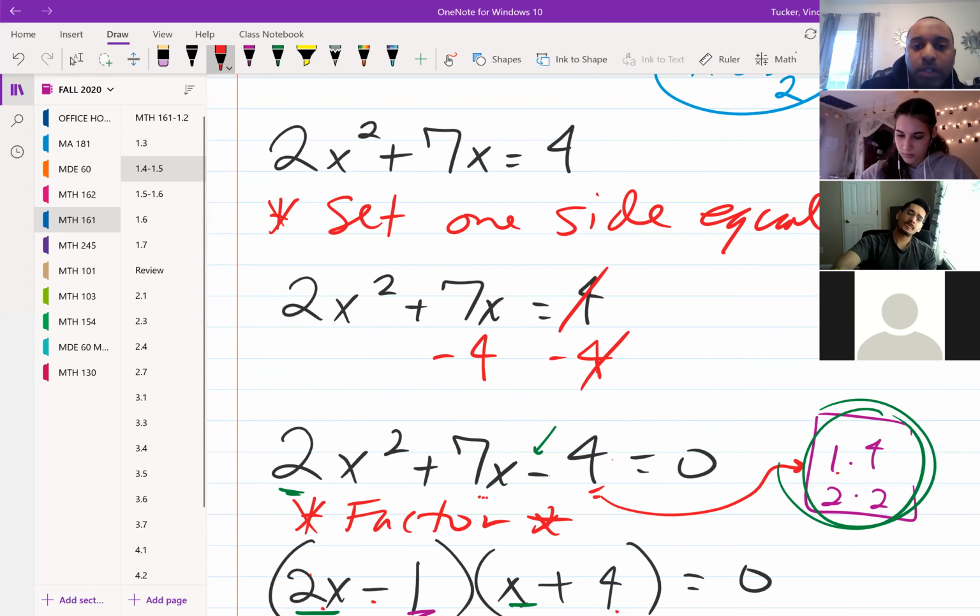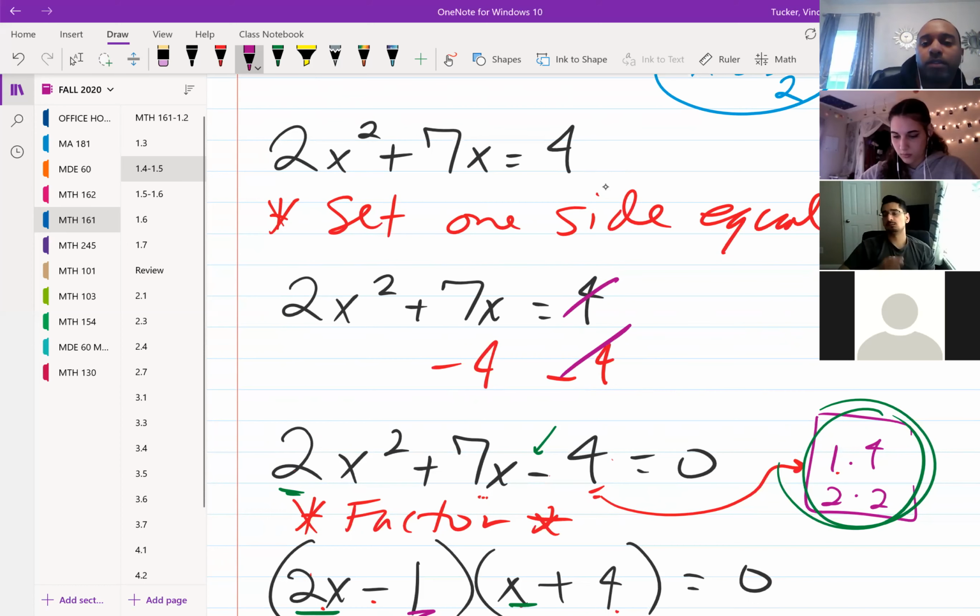Somebody else is asking about the minus 4 in the chat. This is what we have, and if I want to set this side equal to 0, I need to subtract 4 from both sides so that the 4 cancels out and leaves me with 0 on the right side. Now the minus 4 is over here, but it happened because I had a positive 4 on the right side of the equation.